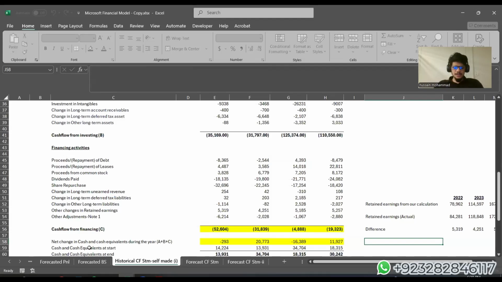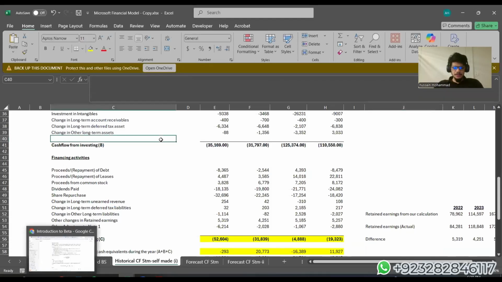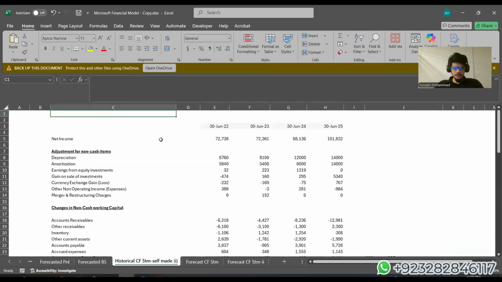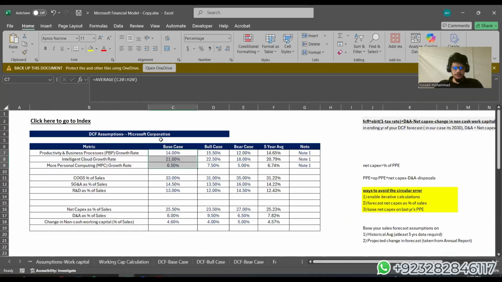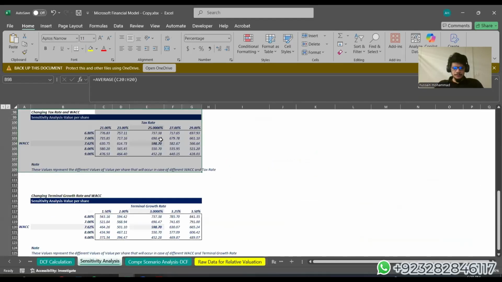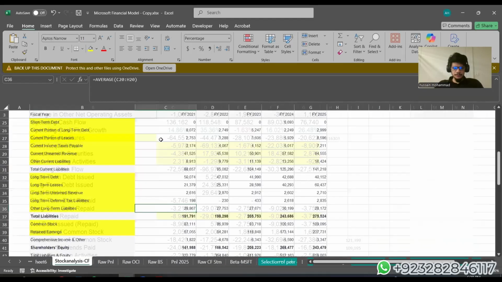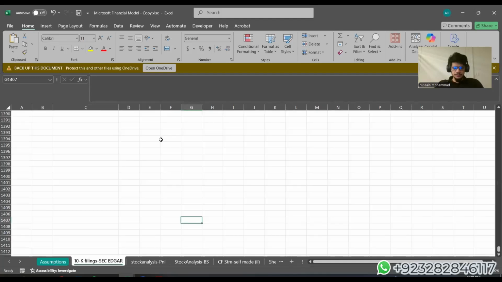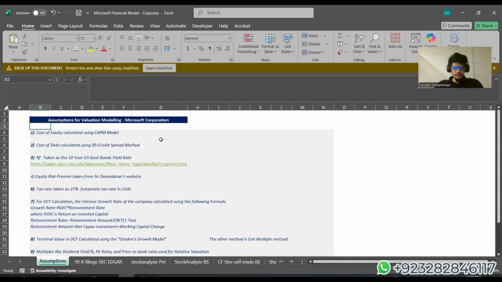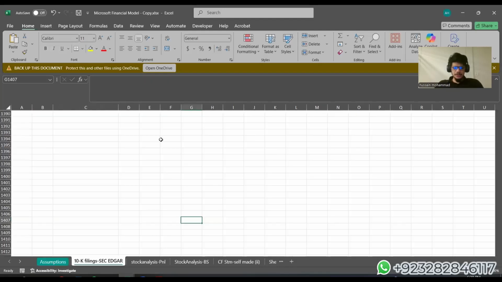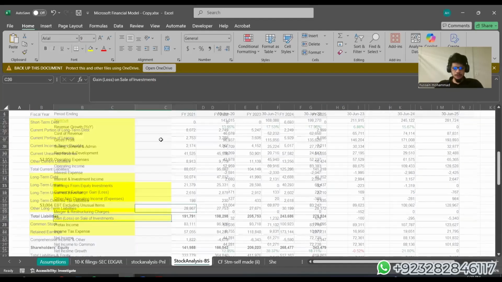While this Excel part is being done, yeah, it is done. Thank God. There's no index sheet here. Maybe that index sheet was causing some errors.